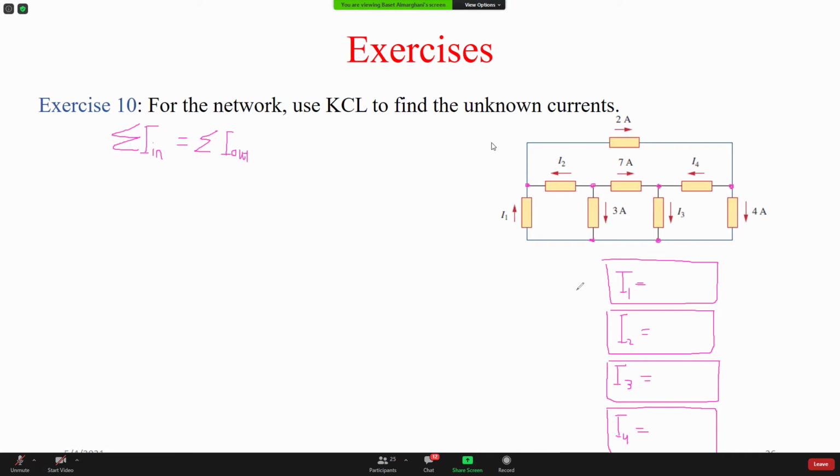Now, how many branches do we have in here? Can anyone tell me? Those are the intersections, there's 6. But how many branches do we have?